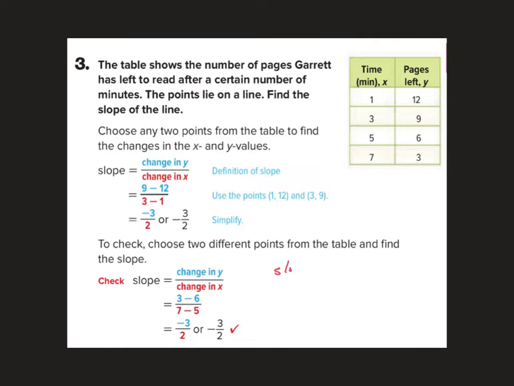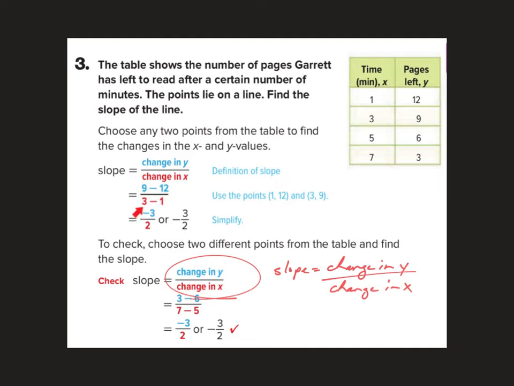So slope is equal to change in y over change in x. And it's listed here as well. So what we're going to do is take this value, 9 for y, and this value, 12 for y, and subtract them.